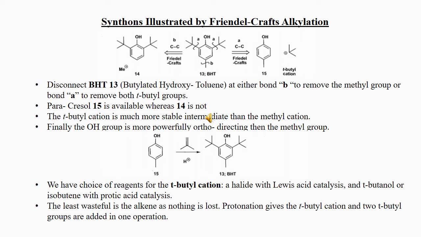The least wasteful is the alkene, as nothing is lost. When we use the alkene, we directly get product 13. Protonation gives the tertiary butyl cation, and two tertiary butyl groups are added in one operation.